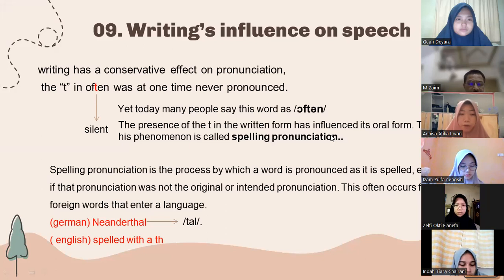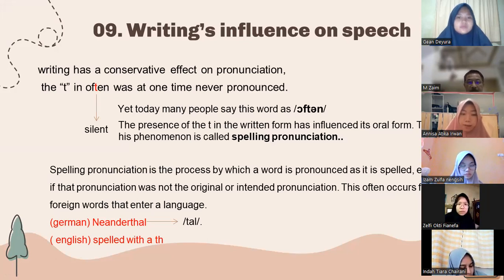So spelling pronunciation is the process by which a word is pronounced as it is spelled, even if the pronunciation was not the original intended pronunciation. This often occurs with words that enter the language. That spelling in German, the word Neandertal in German, but in English, the word Neanderthal will be spelled with the TH.